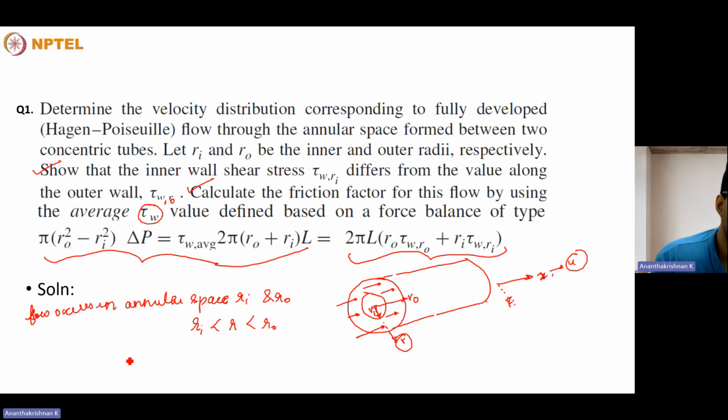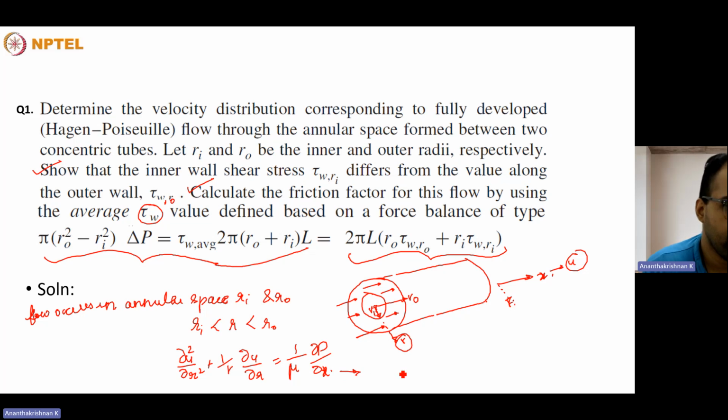So the x momentum equation could be written as the second derivative of u with respect to r plus 1 by r times the derivative of u with respect to r equals 1 by mu times the derivative of p with respect to x.